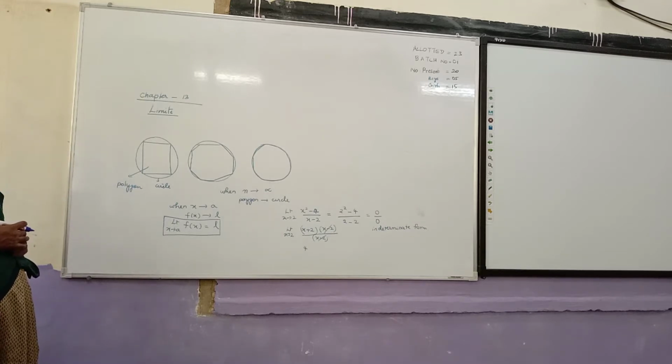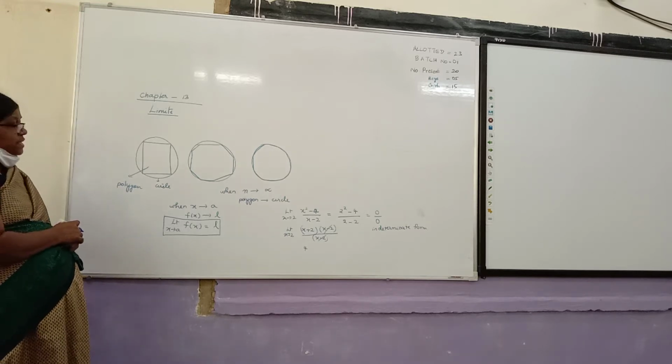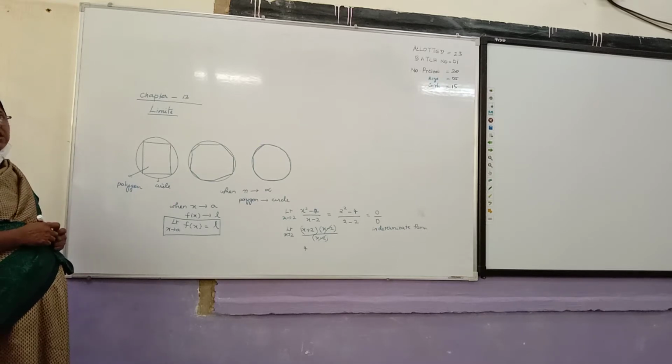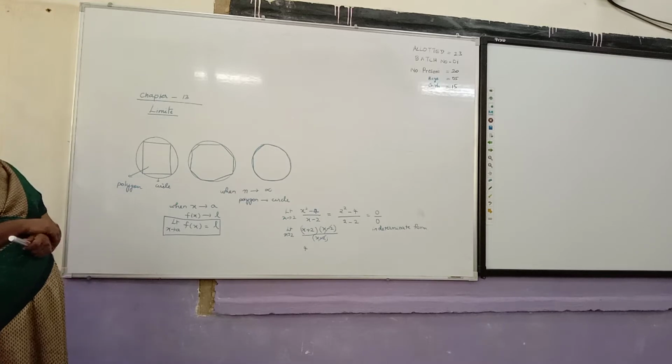Next is the formula method. Just apply the formula to evaluate the limits. So the first exercise is only to evaluate, and next you are going to find whether the limit exists or not.